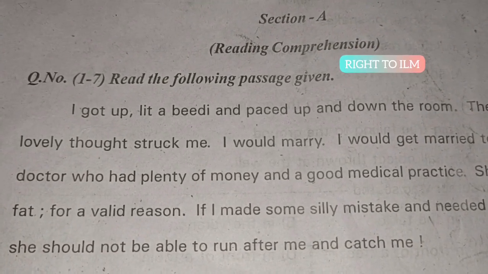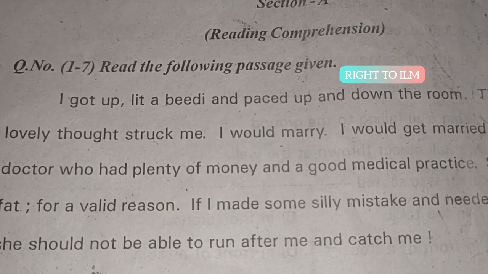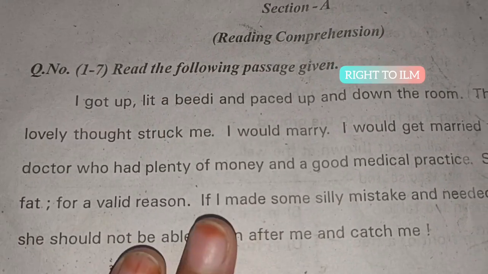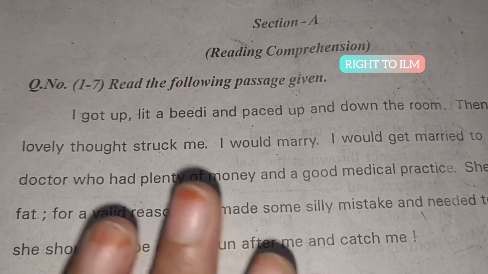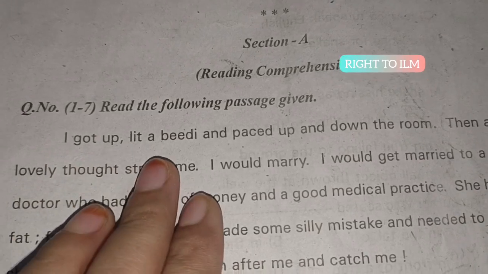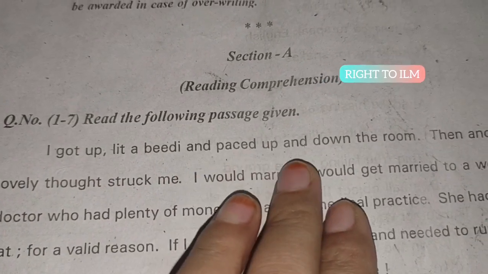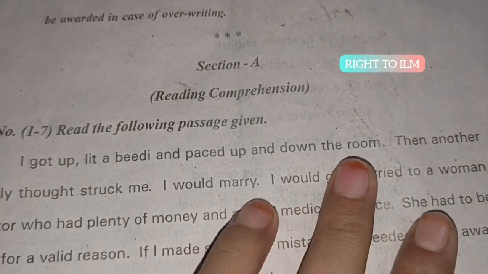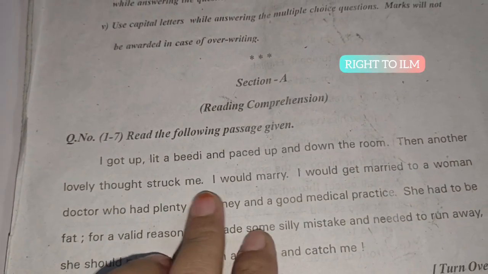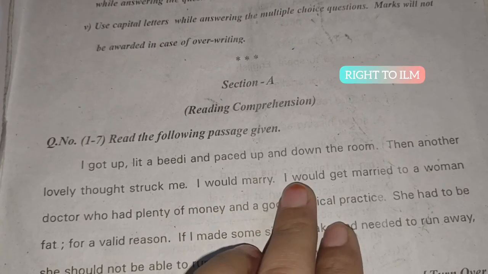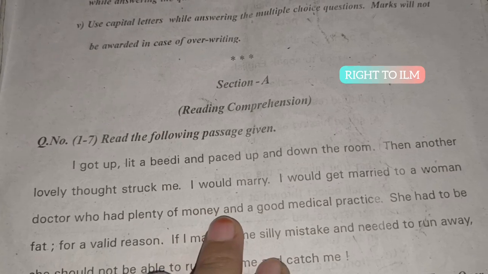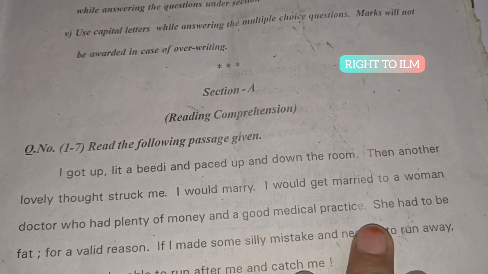Everyone please listen carefully because you are going to solve the answers after listening to this passage. Here I got up, lit a beedi and paced up and down the room. Another lovely thought struck me. I would get married to a woman doctor who had plenty of money and a good medical practice.